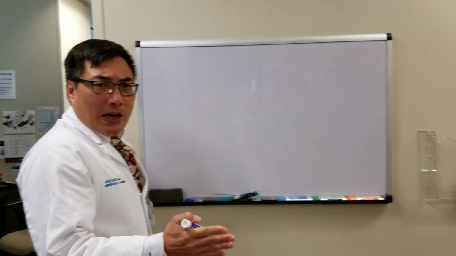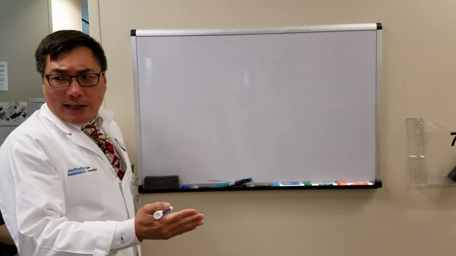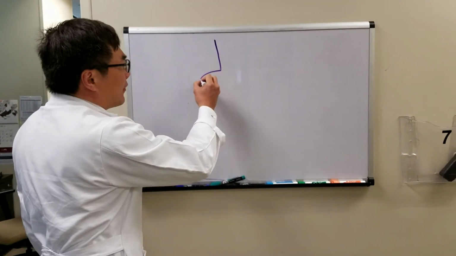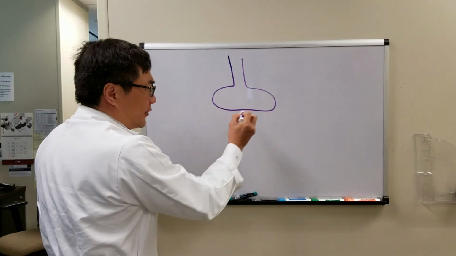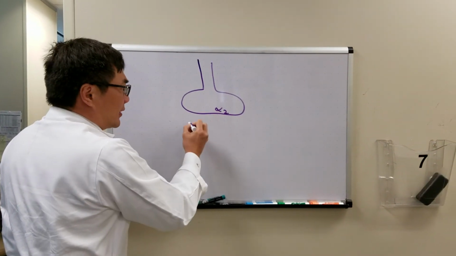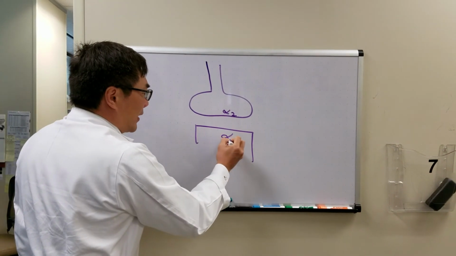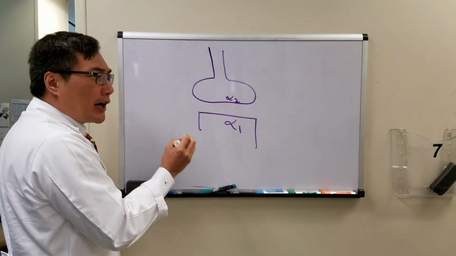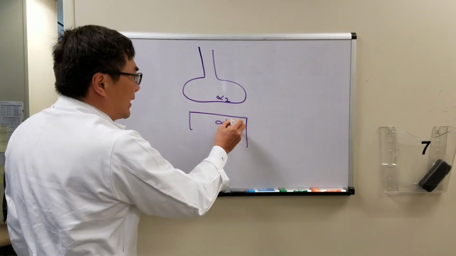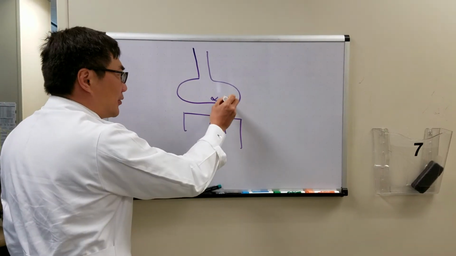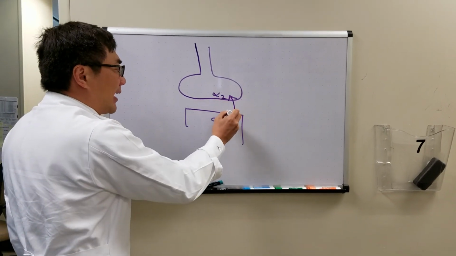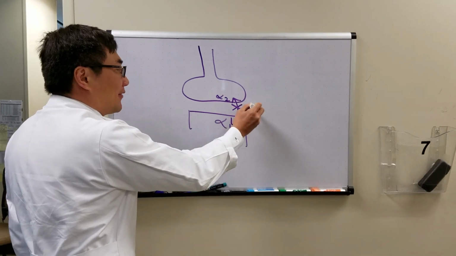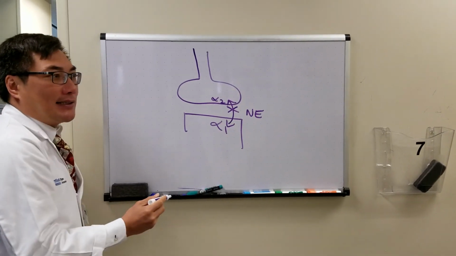So the question came up, how does apraclonidine work? If we have a presynaptic junction in the sympathetic nervous system, we have alpha-2 receptors, and on the postsynaptic receptor, we have alpha-1 receptors. Under normal circumstances, the alpha-1 postsynaptic receptor and the alpha-2 are antagonistic. This is a negative feedback loop that allows us to turn off too much sympathetic activity in the junction.